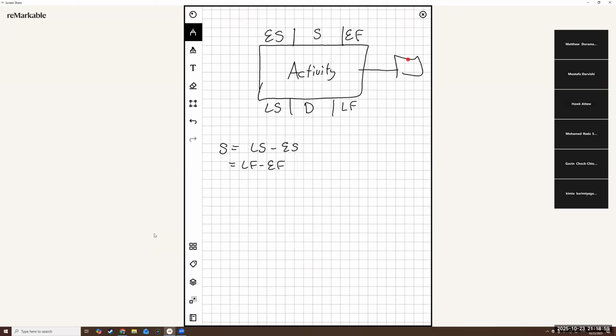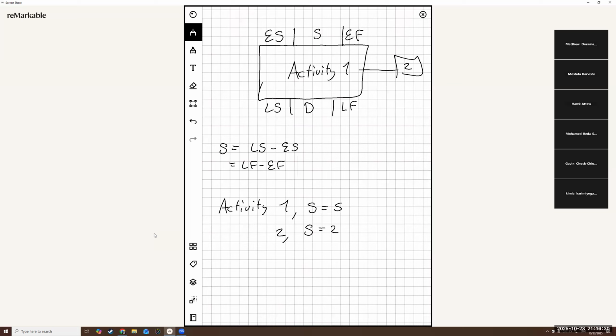So let me put it this way. Let's call this activity 1 and activity 2. If activity 1 has a float, or a slack, it's the same, of 5 days, and activity 2 has a float of 2 days.